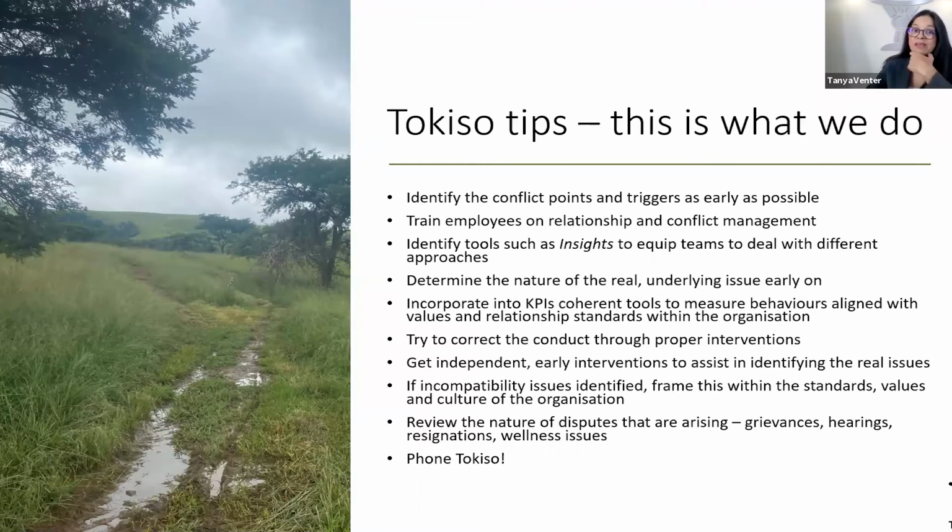Another tip is to determine the nature of the real underlying issue, as I've said in the examples, as early as possible, and see if it's simply an incompatibility issue or is it something else. Incorporate into KPIs coherent tools to measure behaviors aligned with values and relationship standards within the organization. In other words, get advice on this.